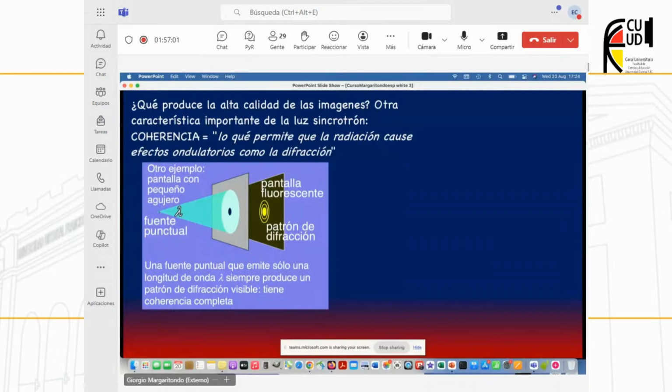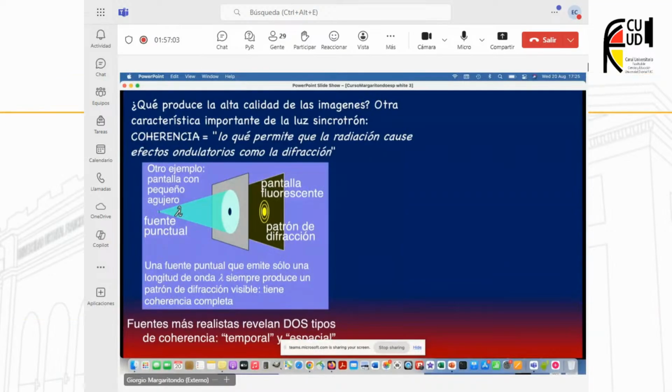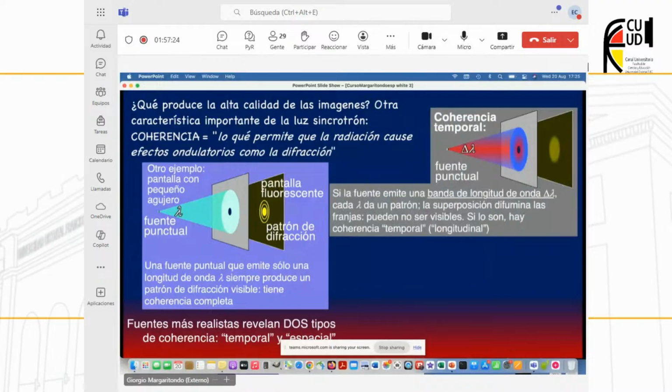So you start seeing that actually there are two kinds of coherence, one that is related to the geometry of the source, and the other is related to the spectral characteristics, that is the emitted bandwidth. And so we have to analyze the two kinds of conditions, starting, for example, from what is called the time coherence, which is the coherence that is related to the bandwidth.